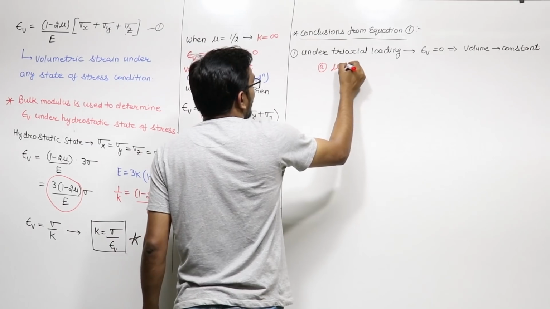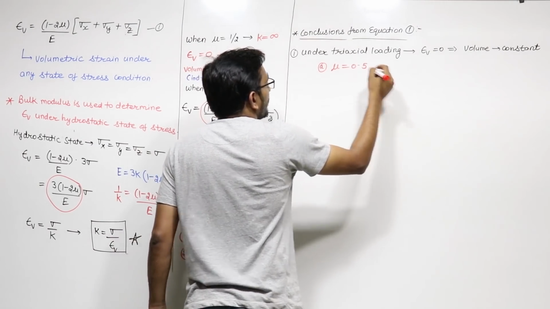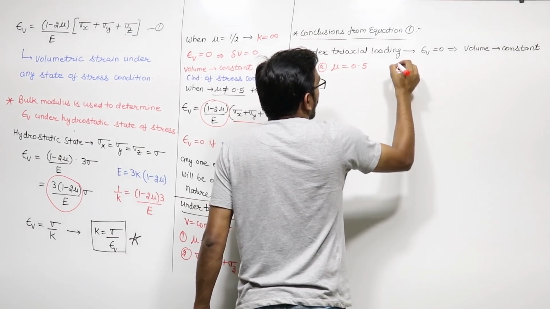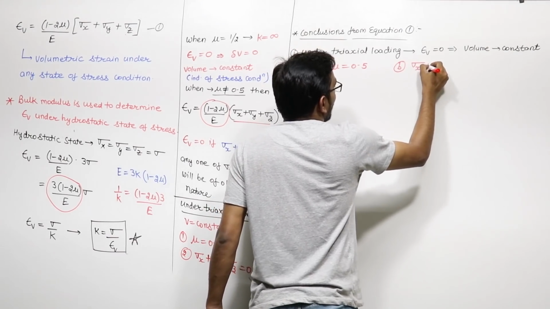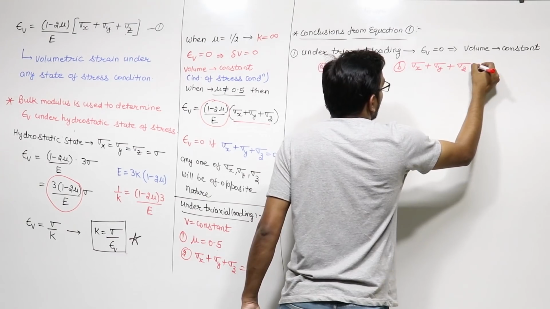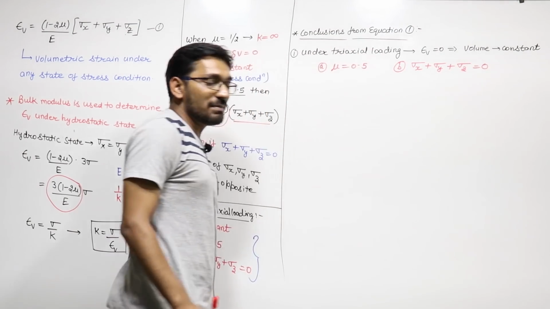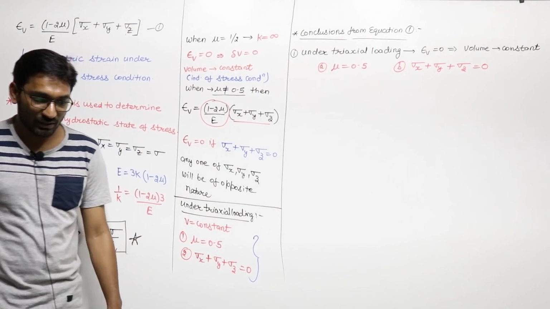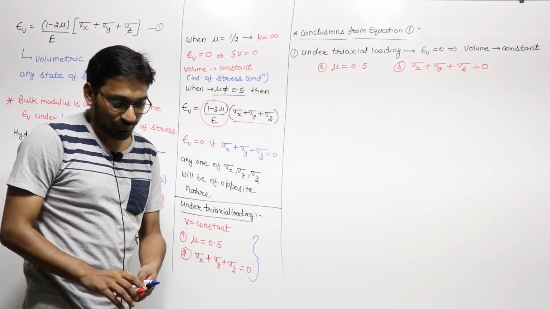Either you select a material of mu 0.5, or you apply a load such that sigma x plus sigma y plus sigma z is equal to 0. One must be of opposite nature. This is the first conclusion.